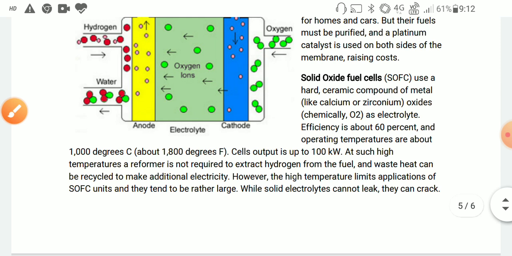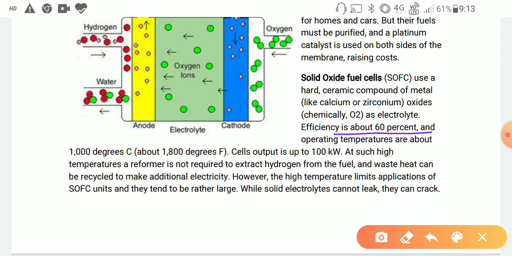Now the solid oxide fuel cell, also named SOFC, uses a hard ceramic compound of metal like calcium or zirconium oxide as the electrolytic material. Efficiency is about 60% and operating temperature is about 1000 degrees centigrade.